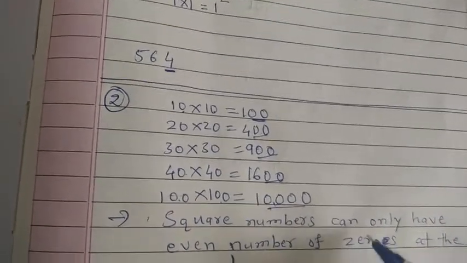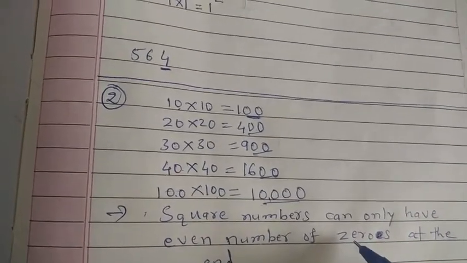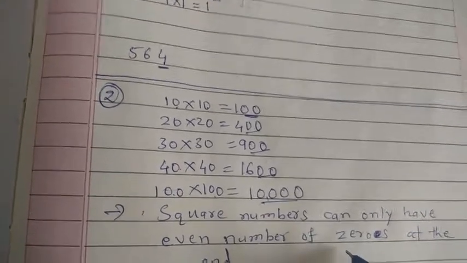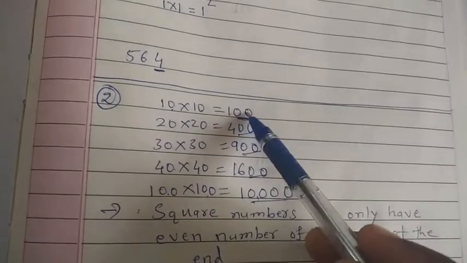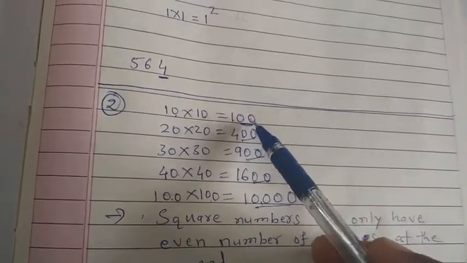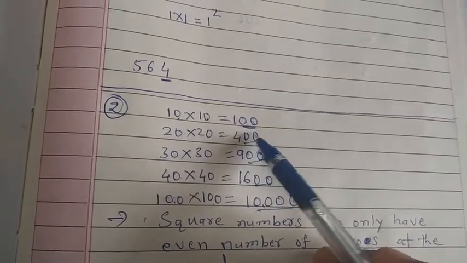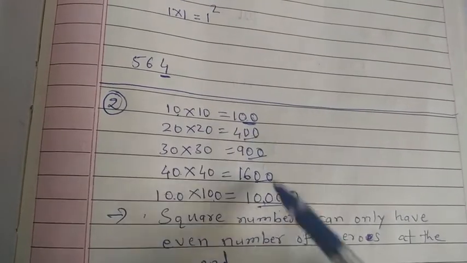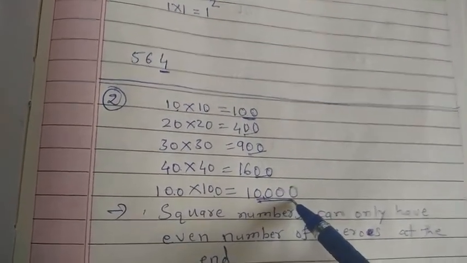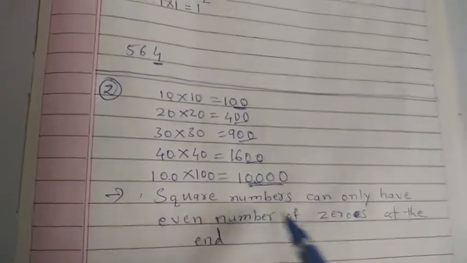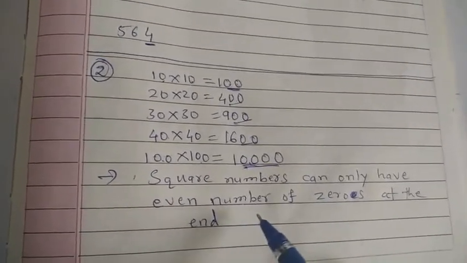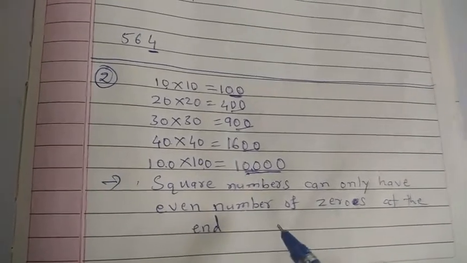So square numbers can only have an even number of zeros at the end. The second property is that square numbers can only have an even number of zeros at the end.